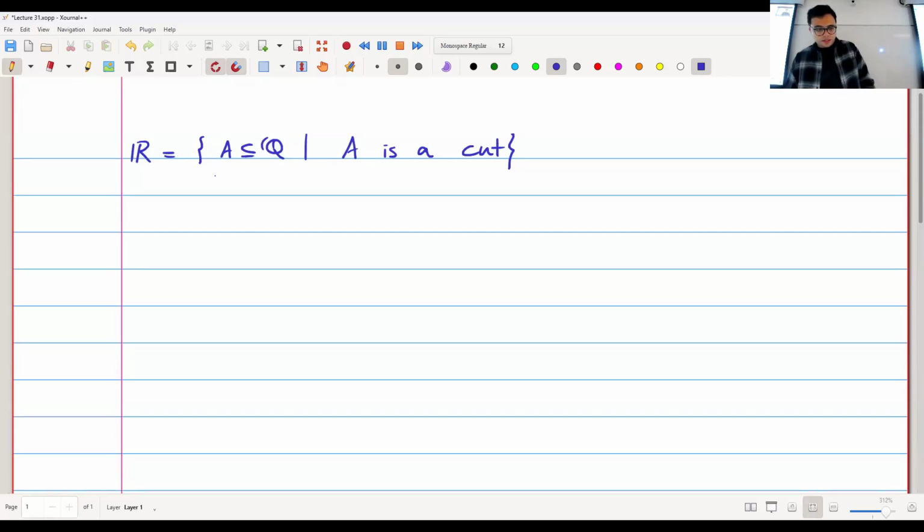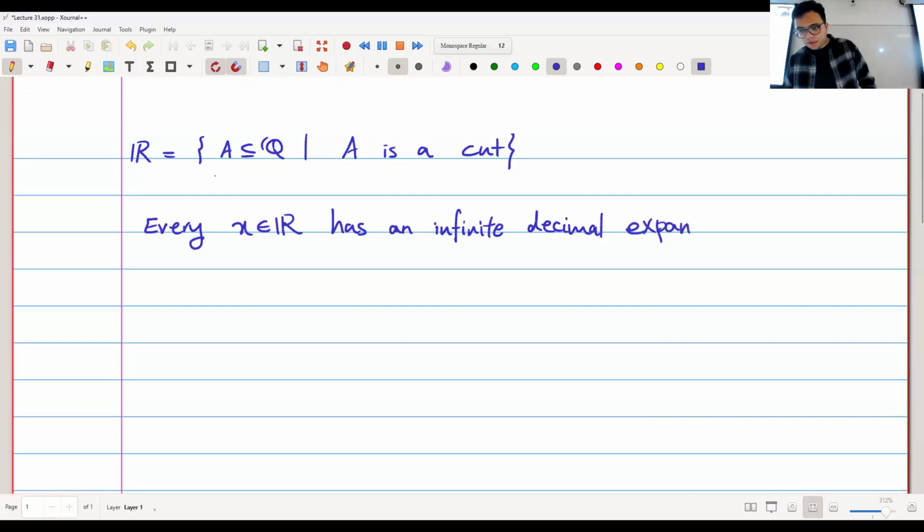Right. So what I have is that every number, let's call it X, in the set R has an infinite decimal expansion. And remember that when I'm talking about an infinite expansion, I don't consider things like this. I wouldn't use, for example, 0.1.